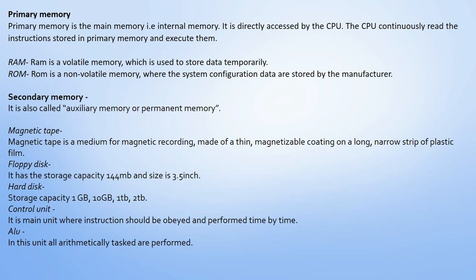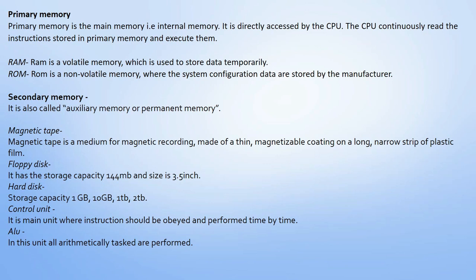Then later the floppy disk was developed. A floppy disk is also a storage device where data can be stored permanently. Its capacity is 1.44 MB, and its size is 3.5 inches.